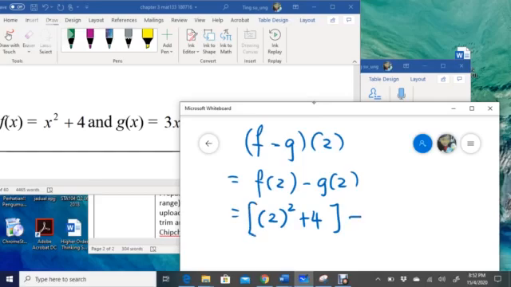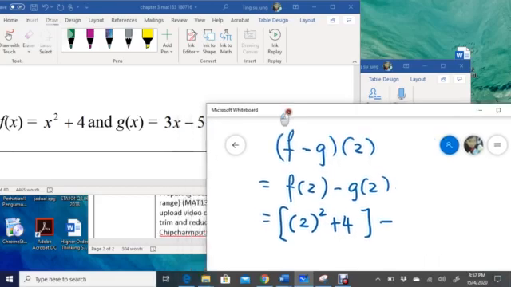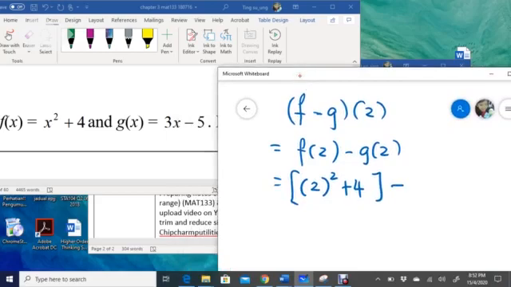Minus your g, which is 3 times 2 minus 5. So 4 plus 4, 8, minus 6 minus 5, 1. So you have 7.